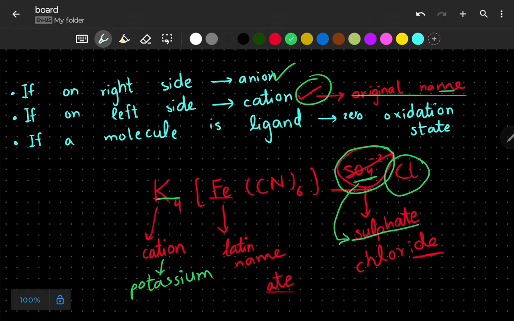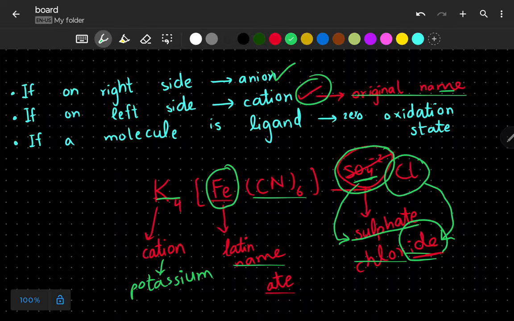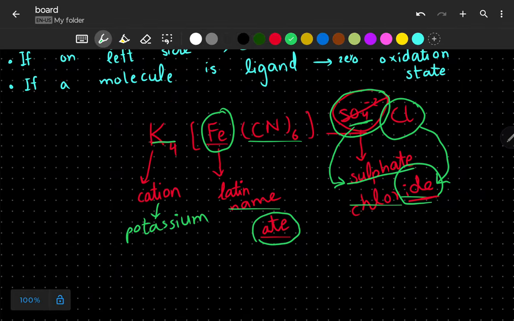And if this is a single atom, then we will write -ide, like chloride. In this case, it is chloride. And for the ligands, we're just going to name them according to the ligand rules. And for the metal here, we will use the Latin name and add -ate as suffix.